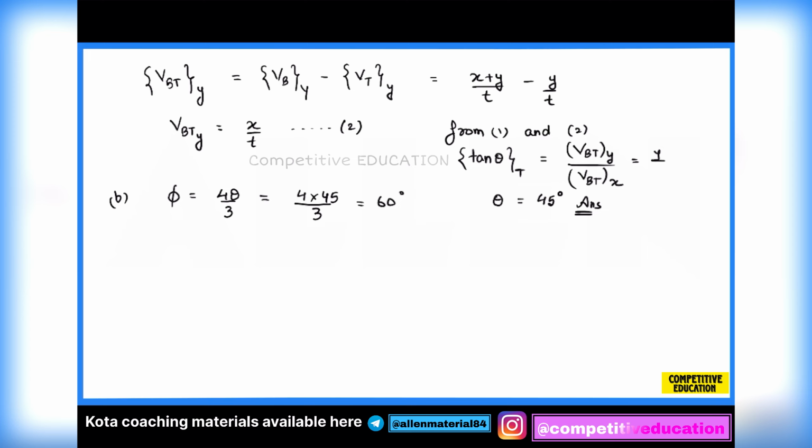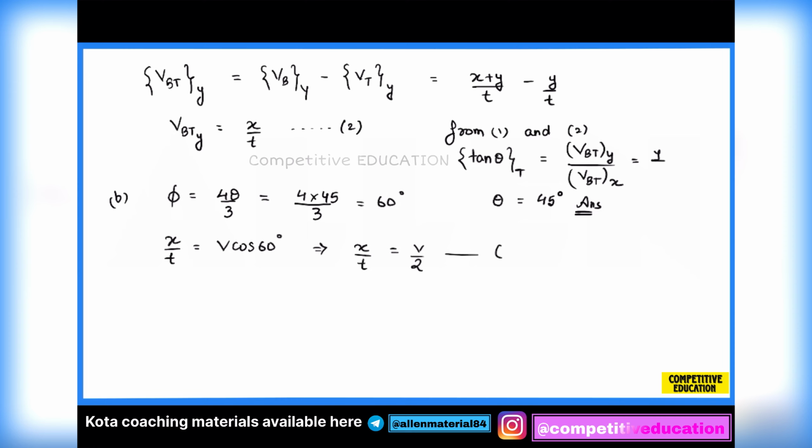Now I can write x by t, that is the velocity of the ball in the frame of the plane, as v cos 60 degrees, where I have assumed the velocity of the ball to be v. From here I will get x by t equals v by 2.